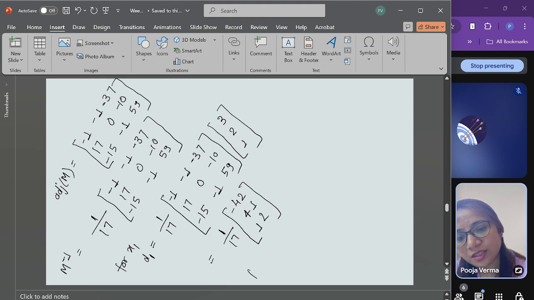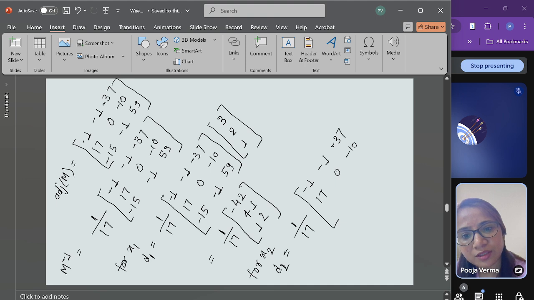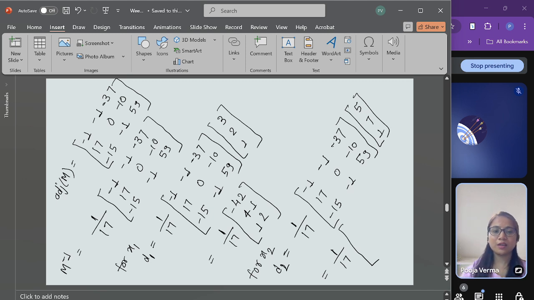Similarly, we need to calculate the distance for x2, that is D2. So 1 by 17 times minus 1, minus 1, minus 37, 17, 0, minus 10, minus 15, minus 1, 59. The point x2 is 5, 7, 1. Further you calculate the values: minus 5, minus 7 and minus 37.